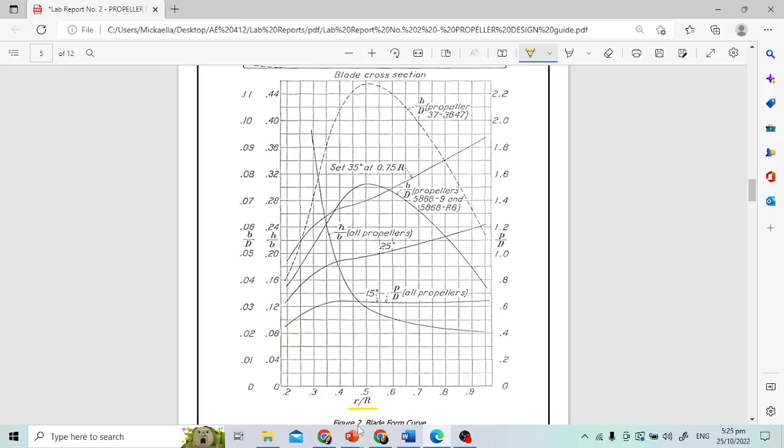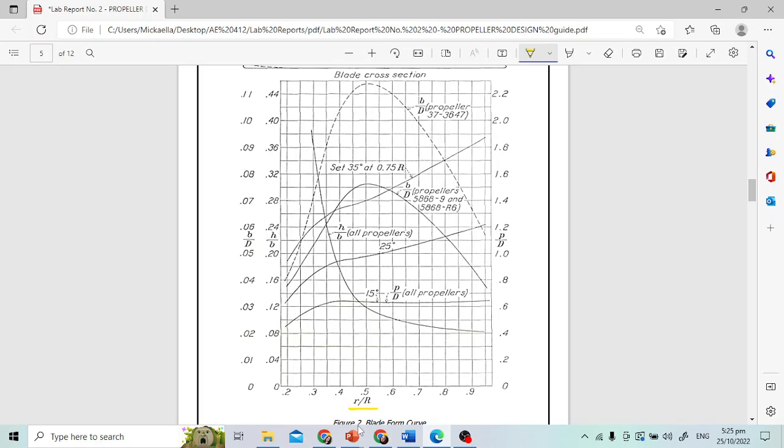So, using this, the values for your r over R, project it up, and then when it hits the B over D, etong curve na to, na propellers 5868-9 and 5868-R6, kasi dito magpo-fall yung ating clockwise. So, itong curve na to, I hope kita, ano? So, when it hits that curve, project it to the left.